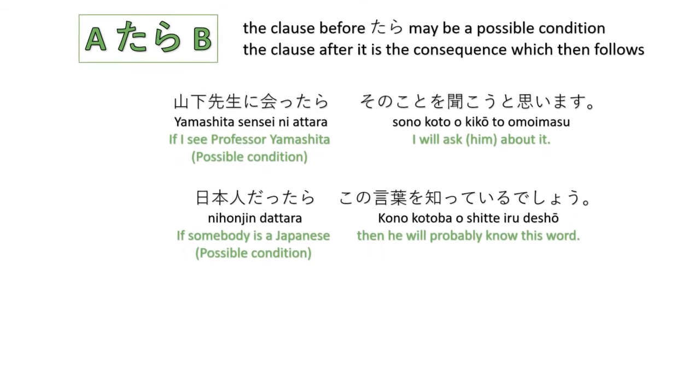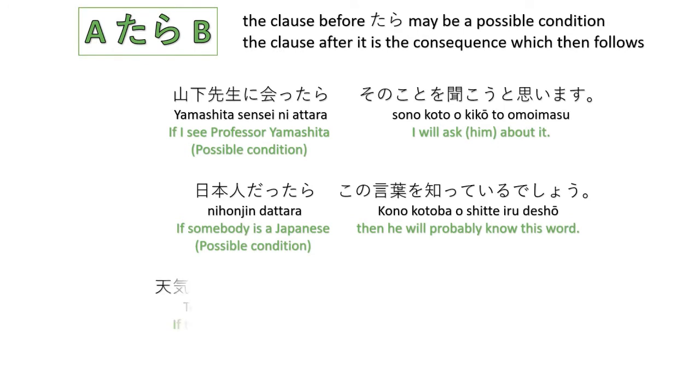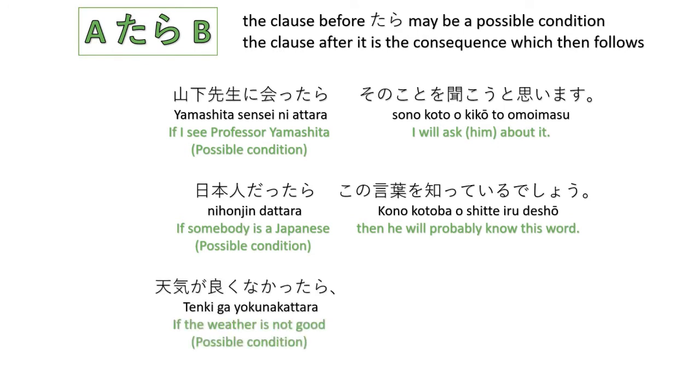And lastly, we have: Tenki ga yoku nakattara, kyampu ni ikimasen. If the weather is not good, we will not go camping. Again, going camping depends on whether the condition will happen or not.